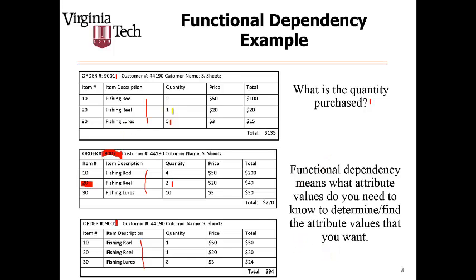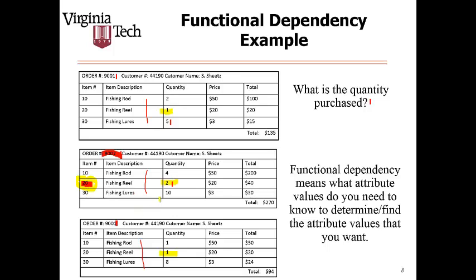You can just tell me if I want this 20, or this 20, right? You don't have enough information to know what the quantity is. So quantity is not functionally determined just by item number.